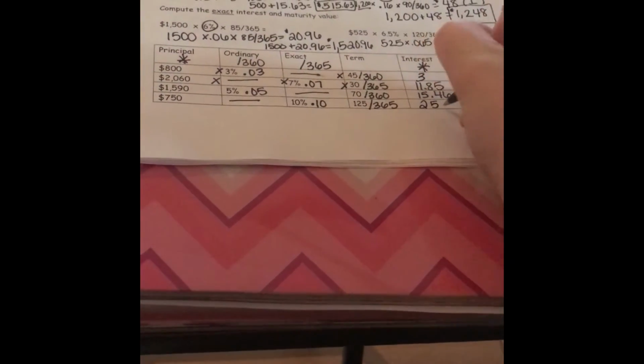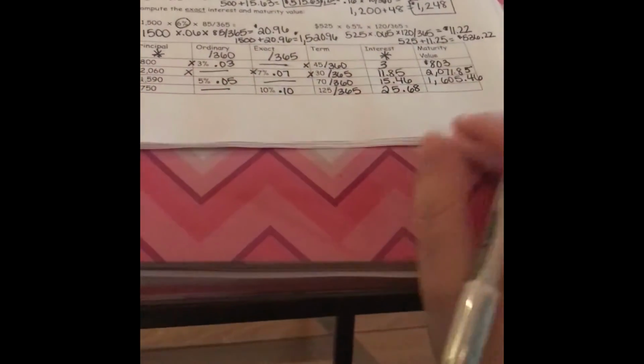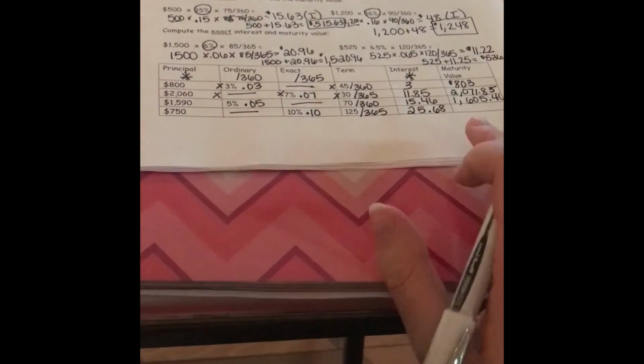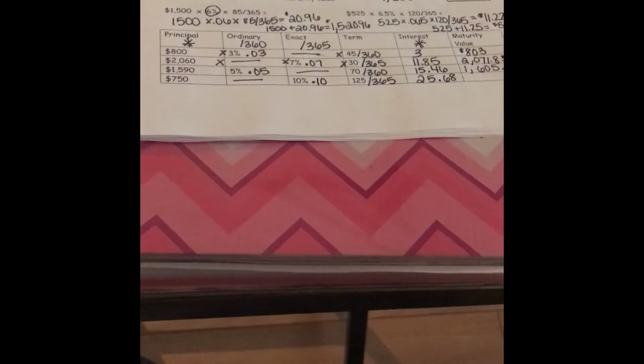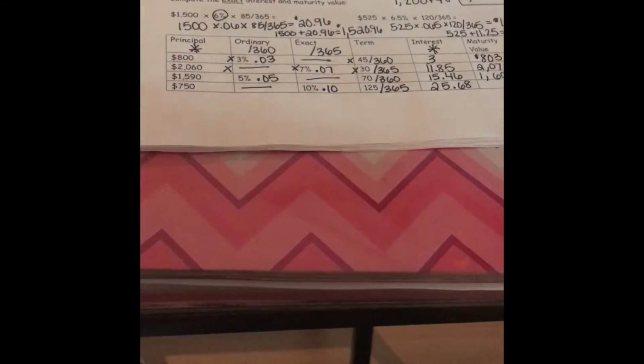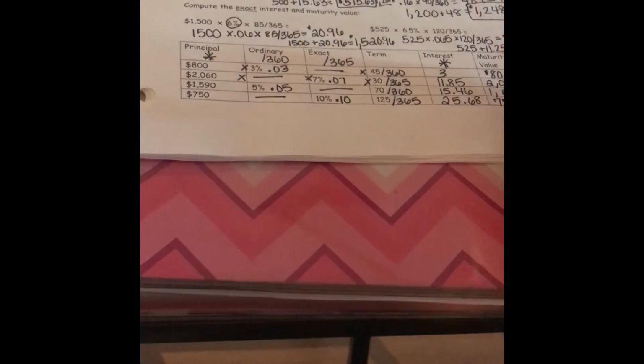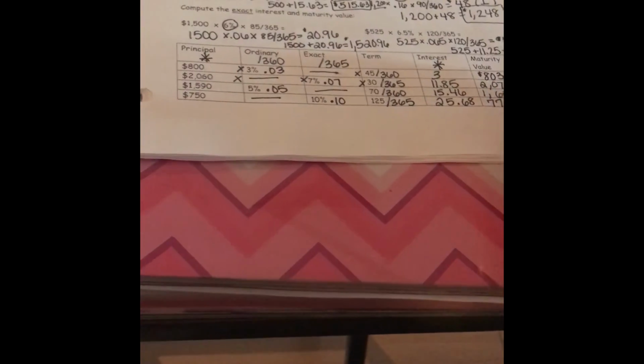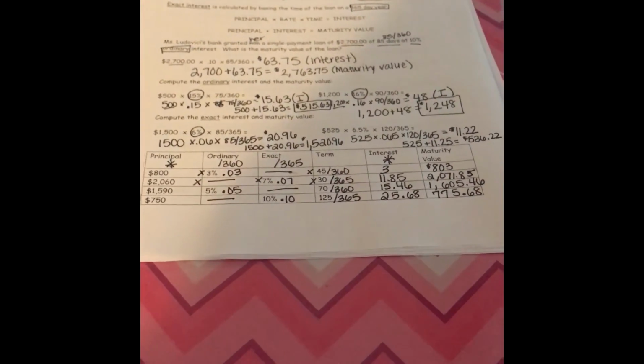It's $25.68. Then I'm going to add my principal plus my interest. 750 plus 25.68 is $775.68. If you need to, pause the video. Otherwise, you have classwork and homework to be working on.